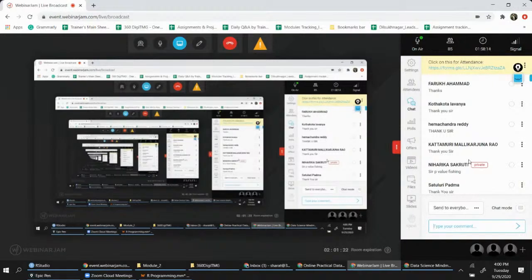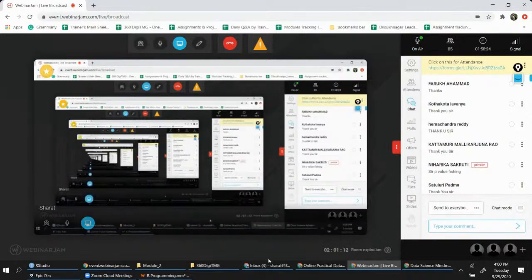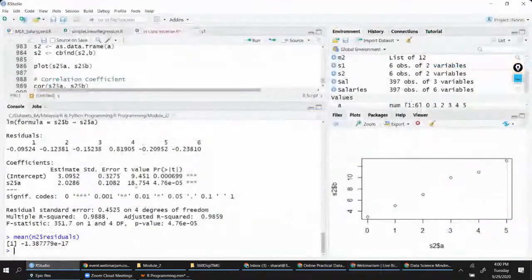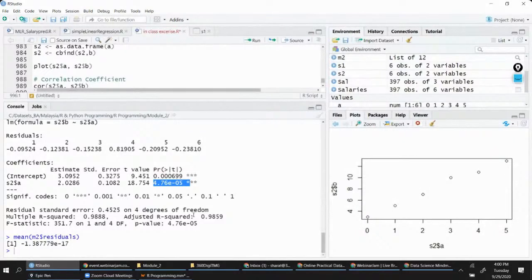So interpretation is what I've explained, right? So always look into the summary of your regression. When you see the coefficients, corresponding to those coefficients, you will have p-value, the last one. All you have to see is this p-value less than 0.05 or not?